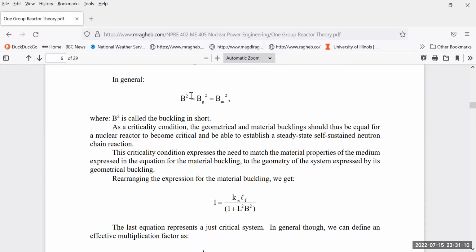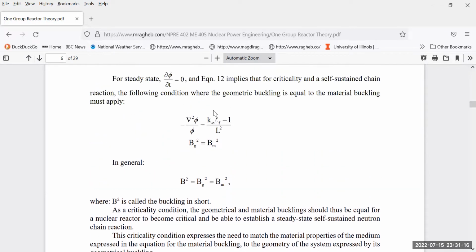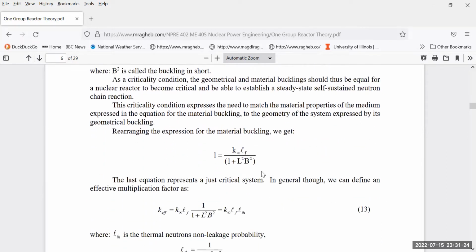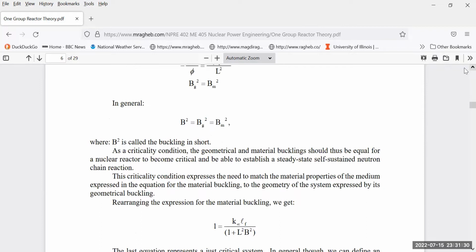Let's call it just B squared here for simplification. And we can rearrange that equation that we wrote right here. Just use a cross-multiplication rule. And if you do this, you get that K infinity L sub F should be equal to 1 plus L squared B squared. Let's take the ratio of K infinity L sub F multiplied by 1 divided by 1 plus L squared B squared.